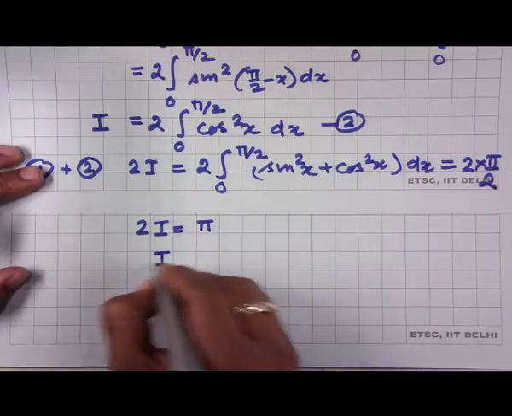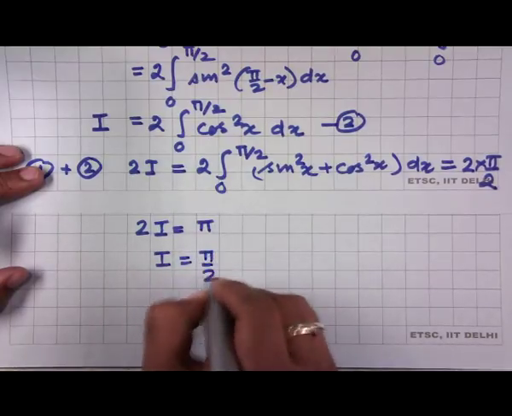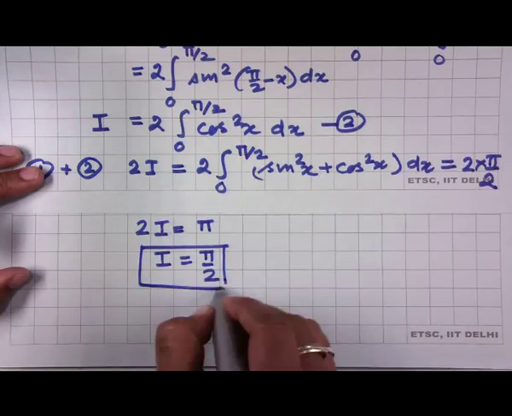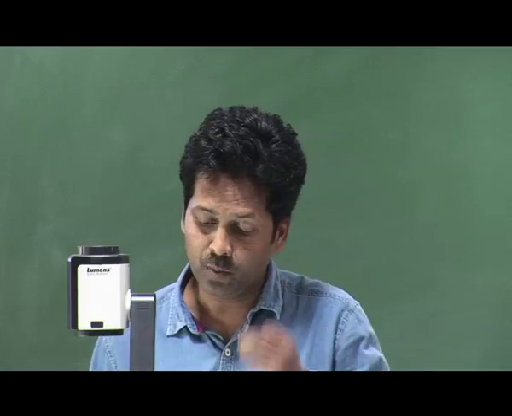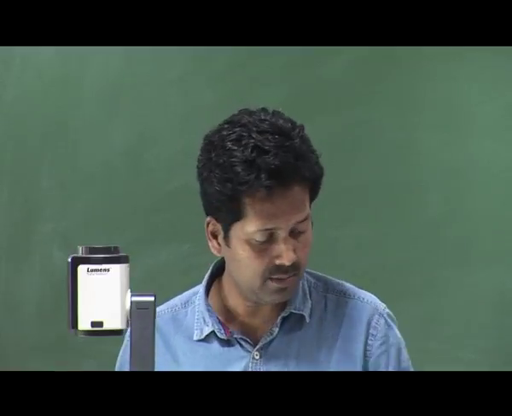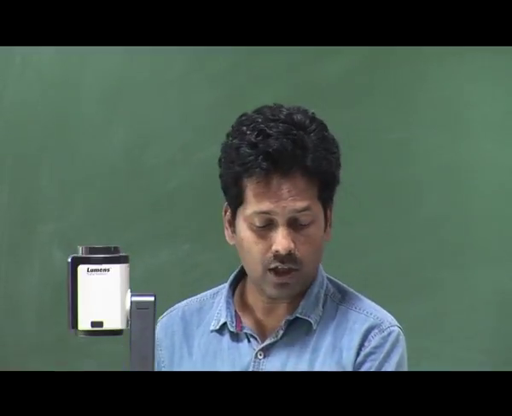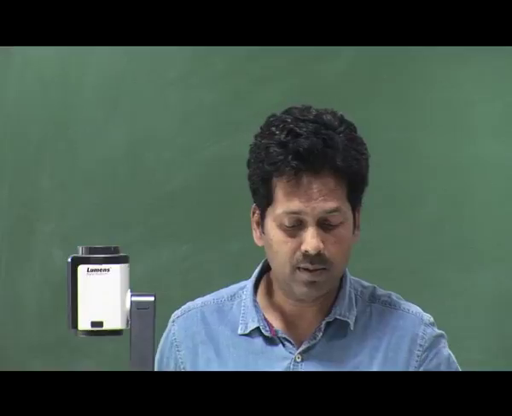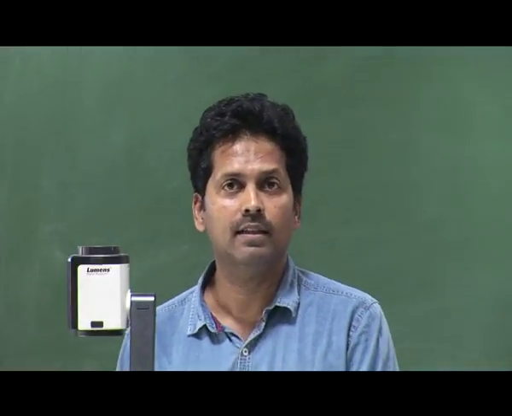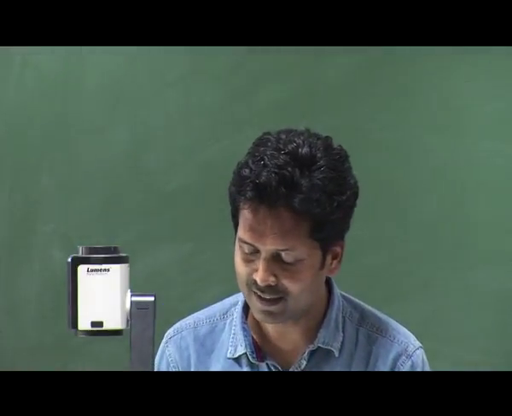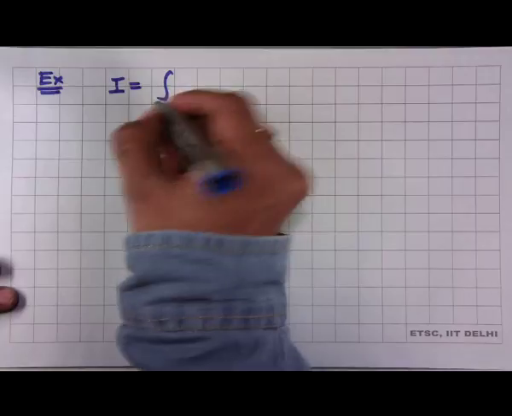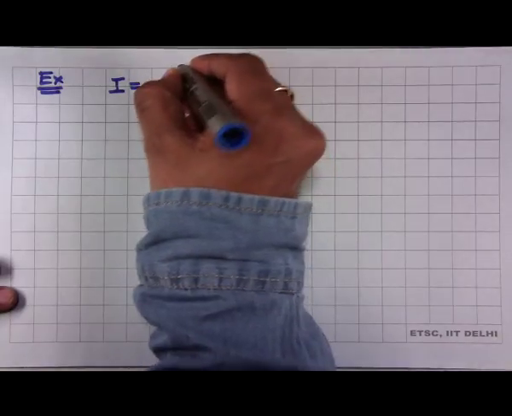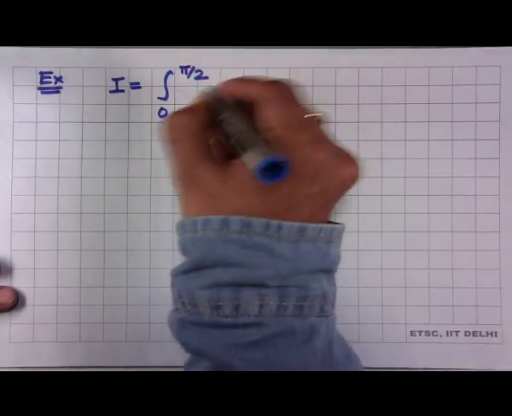So the value of the integral is therefore pi by 2. So you can see another very beautiful use of two properties of definite integrals which can be used to solve a very complicated problem. Let us take another example and see how simple the integrations are if you are able to use the formulas for definite integrals correctly.